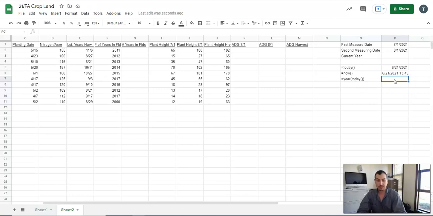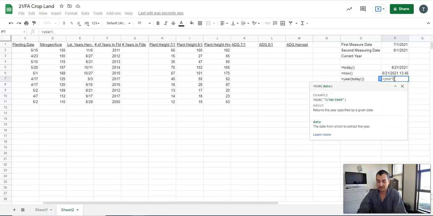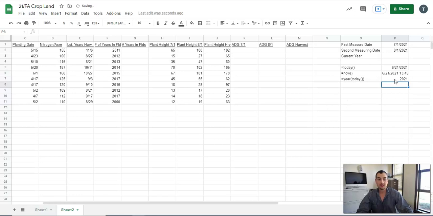And don't worry if this gets a little confusing, because we're going to go through a lot more of this later on. Just showing you how we get that current year. So if we say equals year, and then we say today, what it's going to be doing is telling this, all right, I want you to take this equation and pull out just the year. Of course, it's going to be the year 2021.